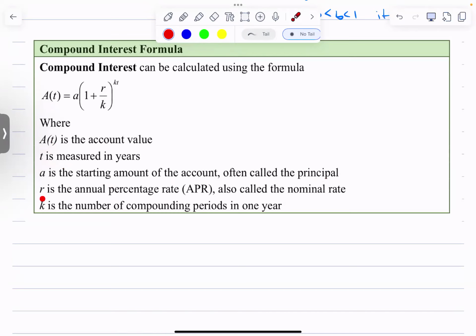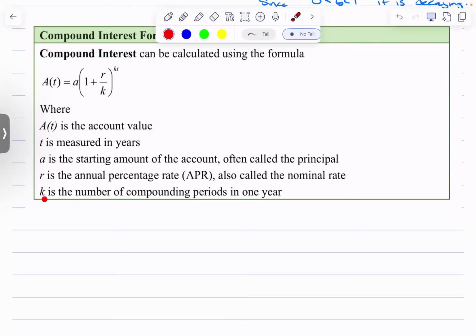And R is going to be the annual percentage rate, which is the APR, which we also call the nominal rate. But usually, if banks are advertising, they advertise the APR, which is what the annual percentage rate stands for. Which is also, because it's annual, why T has to be measured in years so that they match.